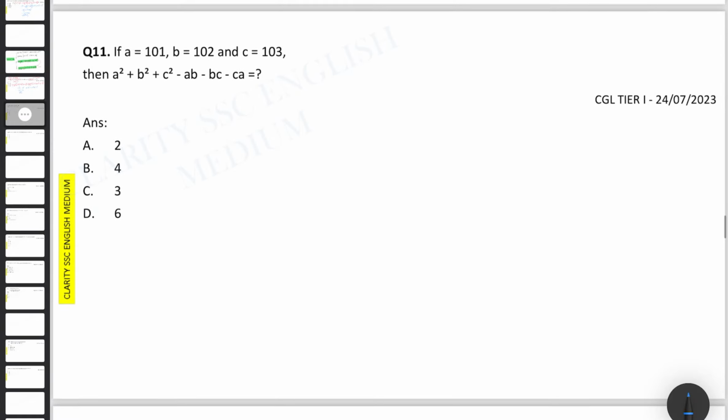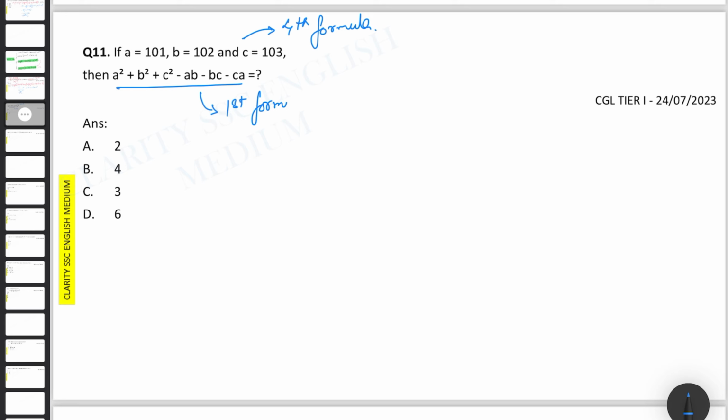Again, the concept of mixing will apply here. Here a is given, b is given, c is given. I've already told you that if individual values of a, b, c are given, then we need to apply the fourth formula. And this one is the first formula. So we are going to mix the first formula and the fourth formula.